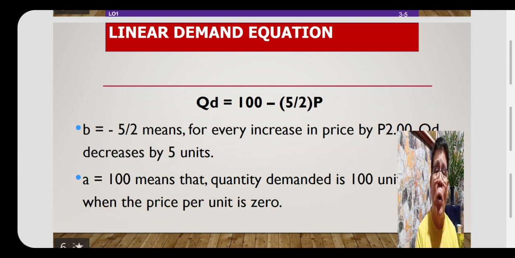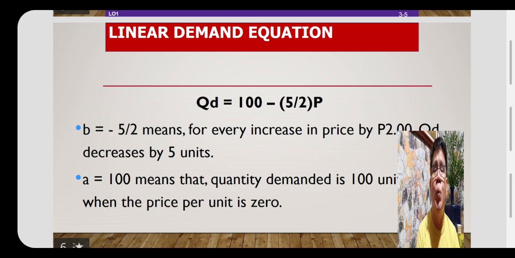Because the slope is negative, specifying an inverse relationship, if the price increases, quantity demanded will decrease. Thus, if the price increased by 2 pesos, quantity demanded decreased by 5 units. That is how the value of slope can be interpreted.